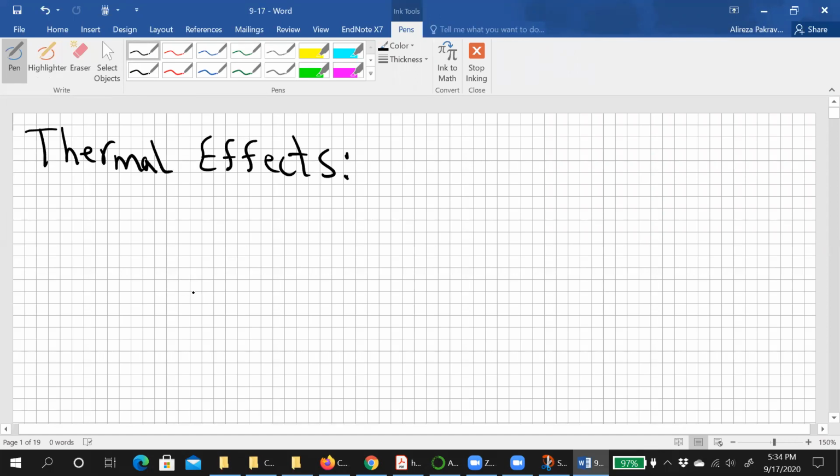If you have a temperature change and a coefficient of thermal expansion, do you remember the formula to find the elongation? Maybe you remember it from physics.